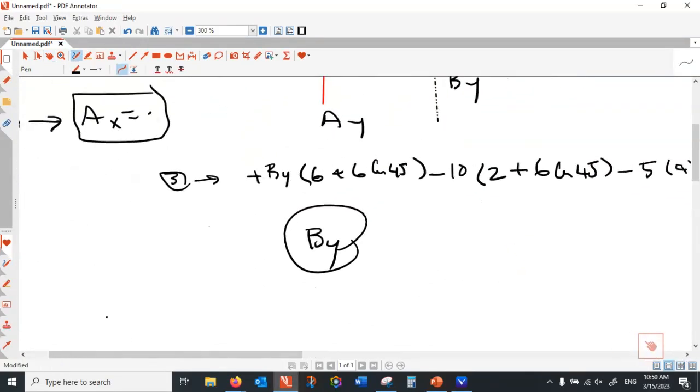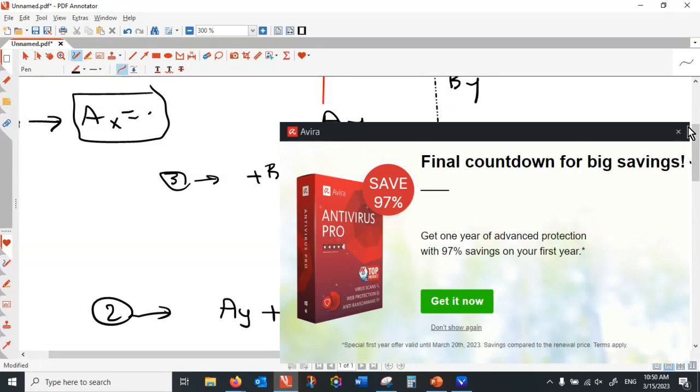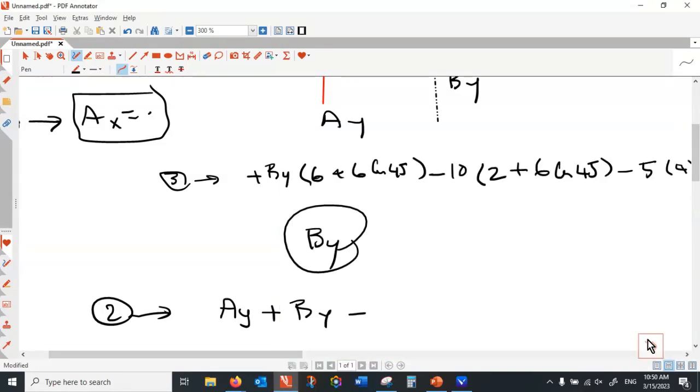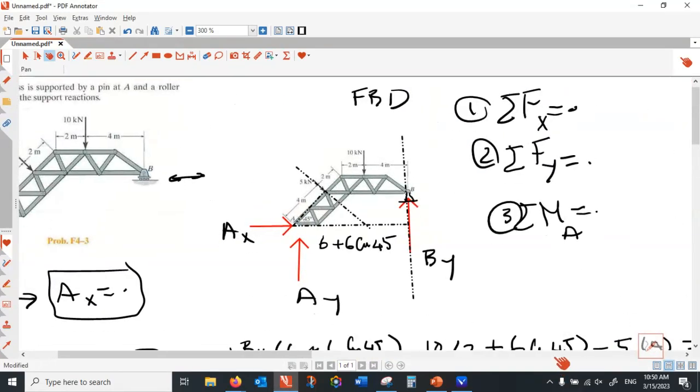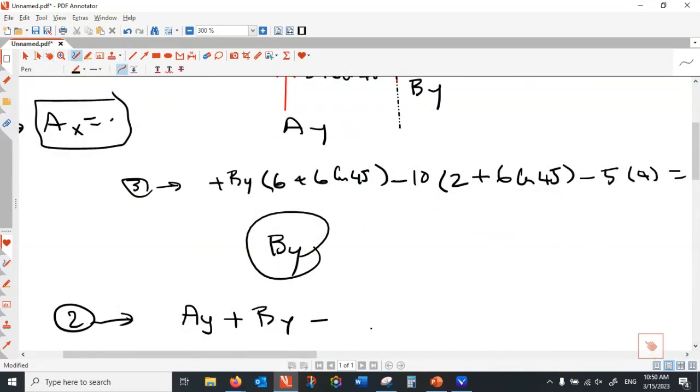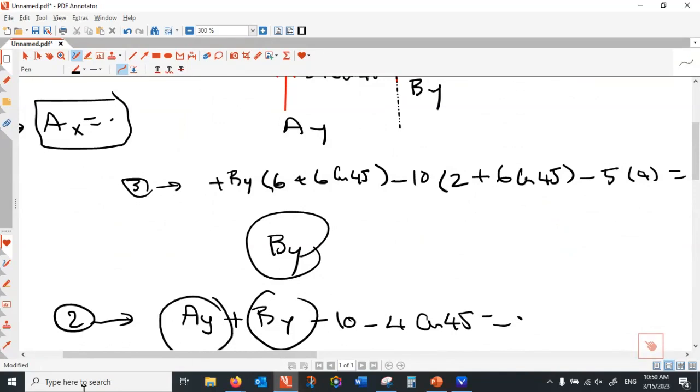So if you apply equation number 2, that would tell me Ay plus By minus 10 minus 4 cos 45, that is equal to 0. So By you already know. The only unknown in this equation is Ay, and then you find the reaction of A.